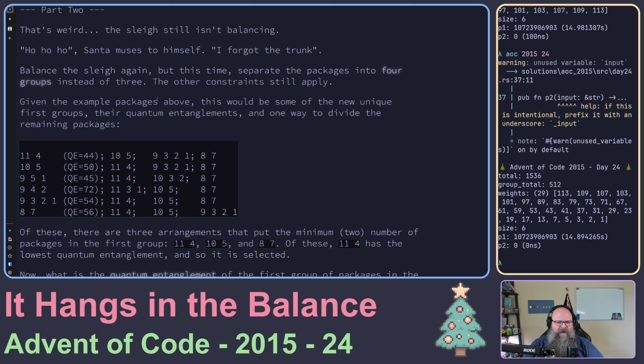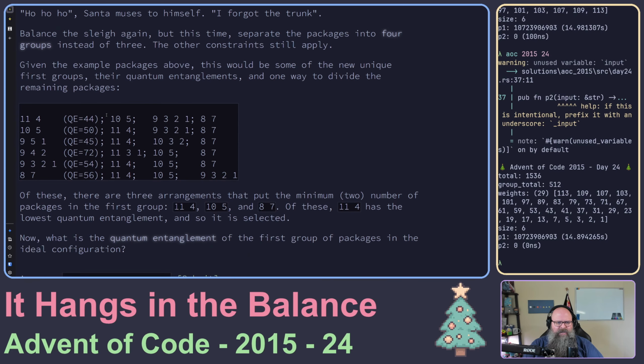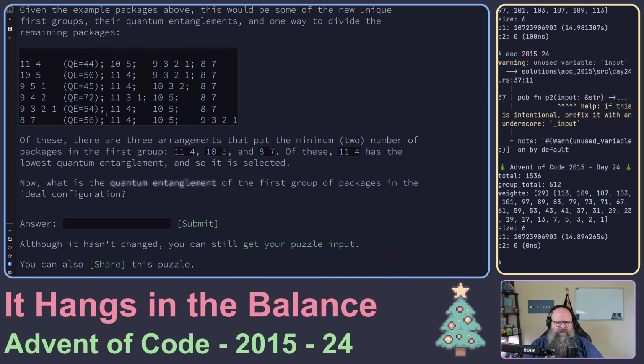Given the example packages above, this would be some of the new unique first groups, their quantum entanglements, and one way to divide the remaining packages. Of these, there are 3 arrangements that put the minimum 2 in the first group. So those 2 in this one. And the lowest QE is 44, right? 11.4, yeah, has the lowest QE, so it's the one that's selected.